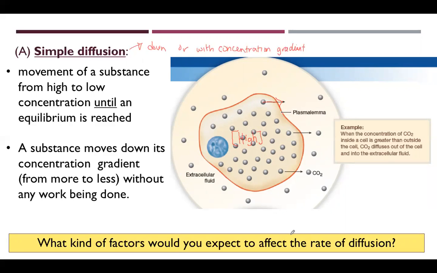Well, remember, if there's an increase of temperature, that membrane becomes more fluid. So that can affect the rate of diffusion because it can allow these molecules to go through the membrane much easier. There's more room for them to wiggle through. So one that might affect the rates is the temperature.